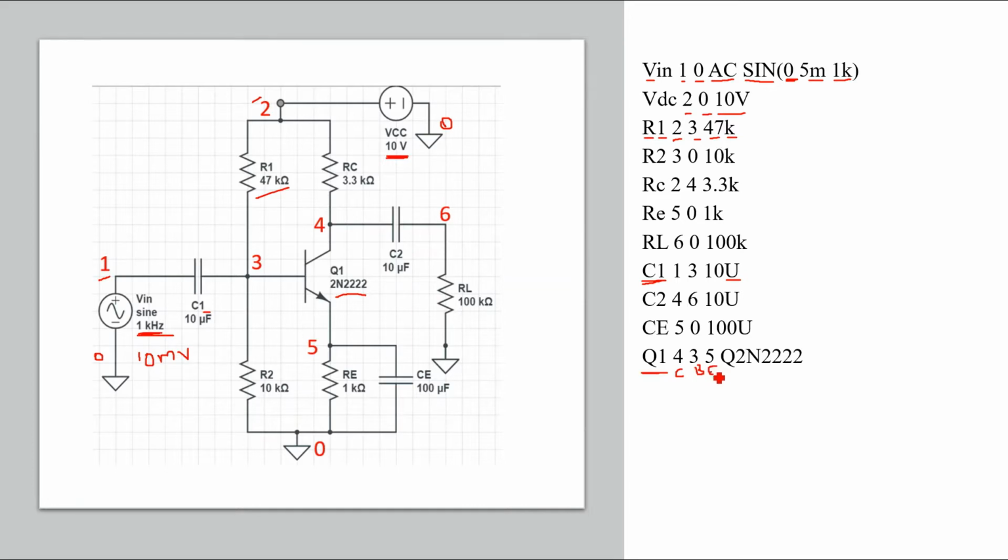So collector, base and emitter. 4 is the collector node, 3 is the base node, and 5 is the emitter node. And then the model of the transistor which is in use.